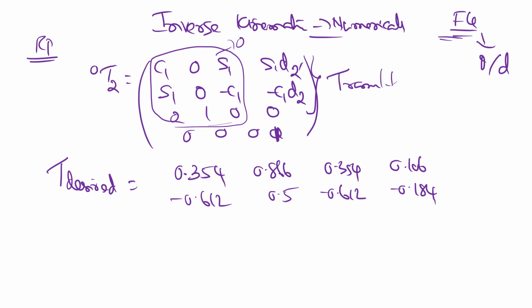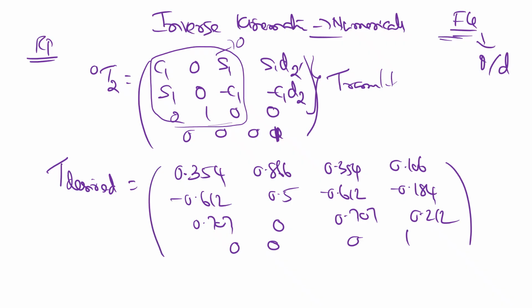The next row is 0.707, 0.707, 0, then 0.707, 0.212, and the last row is 0 0 0 1. This is the desired transformation matrix given to you.